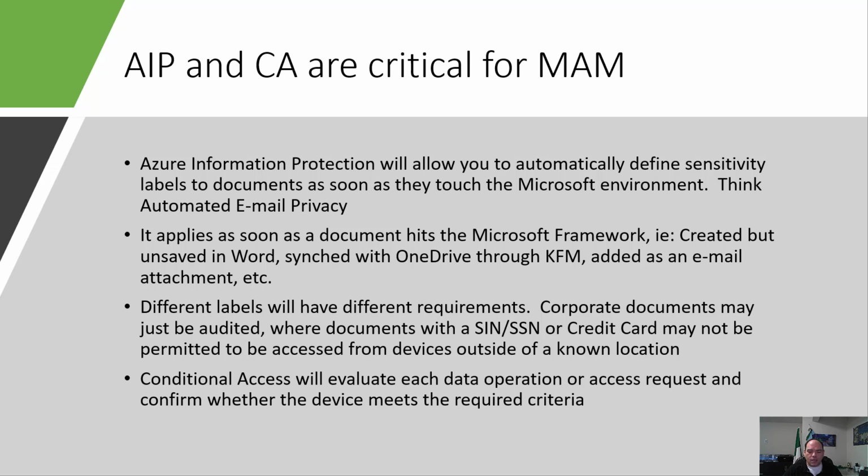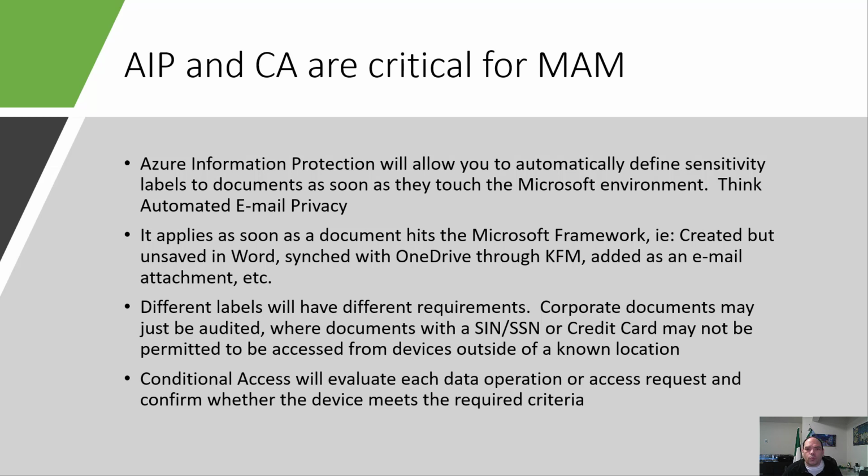Now, AIP is, if you think back 18 years ago, when Exchange 2003 came out, they had these privacy labels that you could apply to emails or documents. By putting a certain filter on the document, that would prevent it from being forwarded or printed or whatnot. That was great, but the big problem with it is users didn't actually do it.